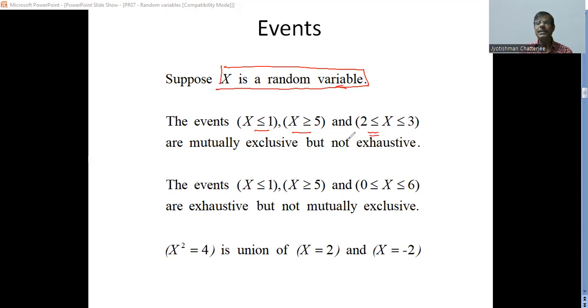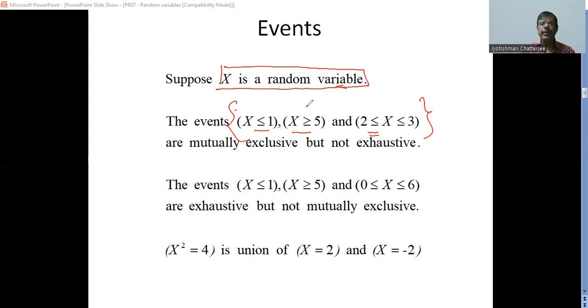Now we have the concept of mutually exclusive and exhaustive collection of events. We know what we mean by a mutually exclusive collection of events and an exhaustive collection of events. Let's see if these 3 events are mutually exclusive. Yes, they are, because no 2 of these events can occur simultaneously.